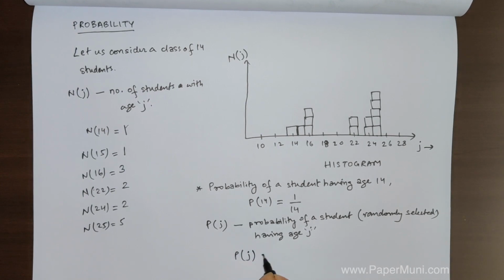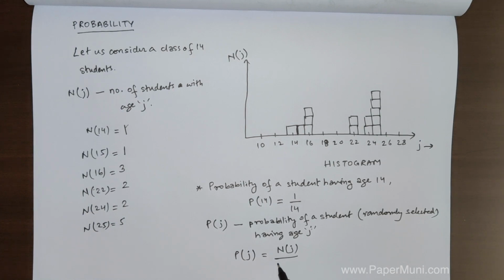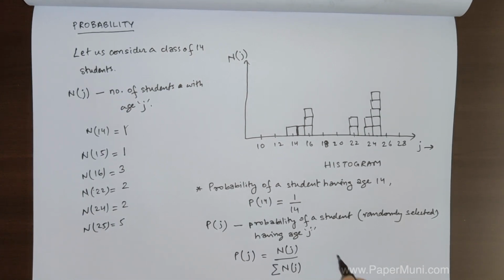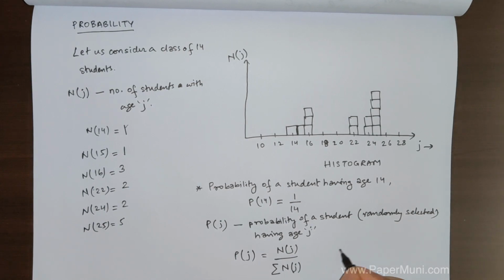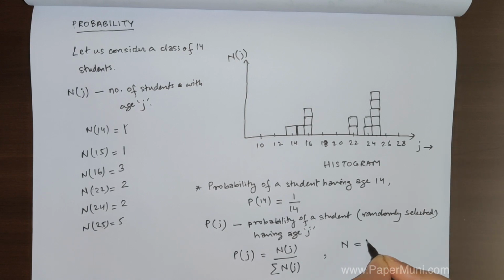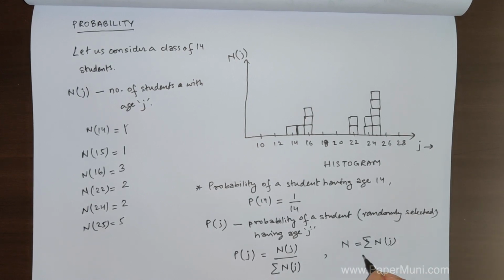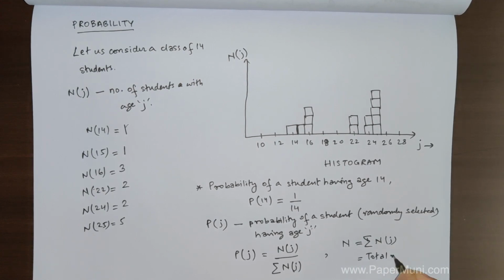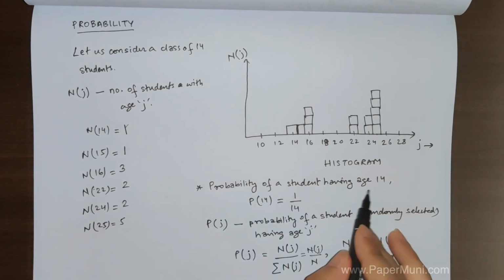Pj is equal to nj over the total number of students N, where N is equal to the summation of nj. So you can write this as nj divided by N. This is correct, right? This is what the definition is. So the probability of a student having age 14 is 1 by 14.